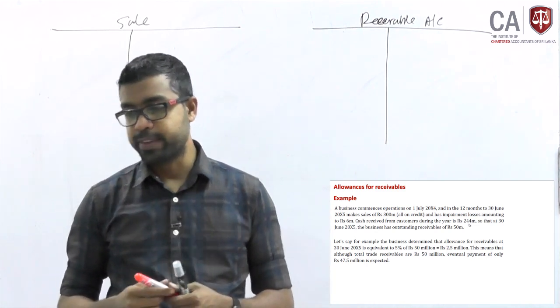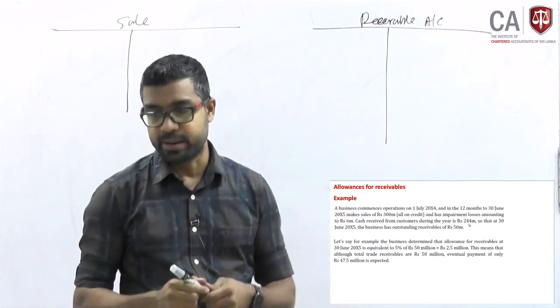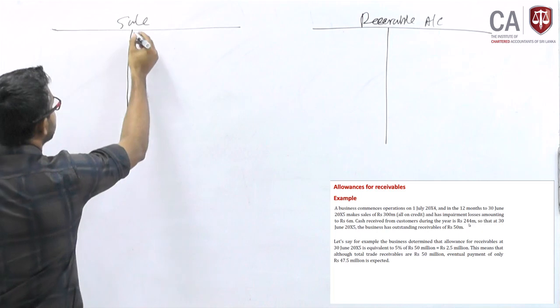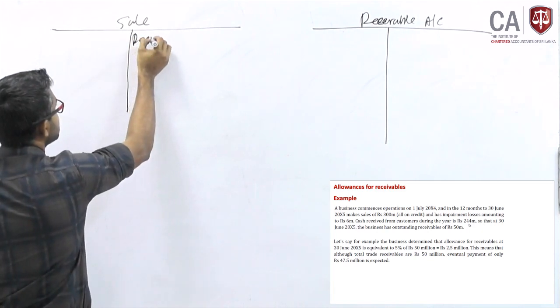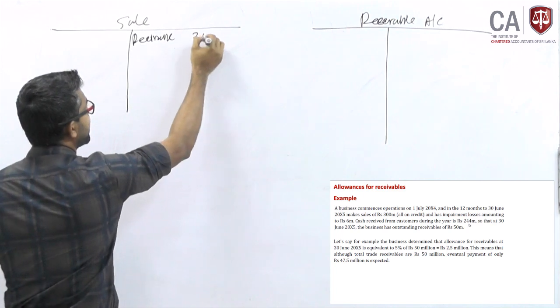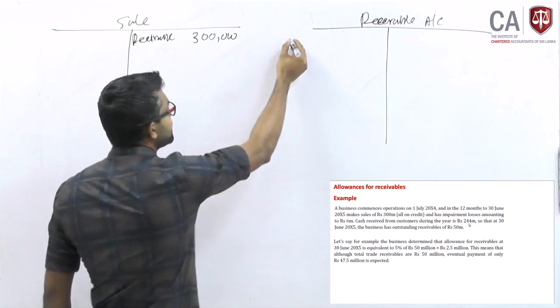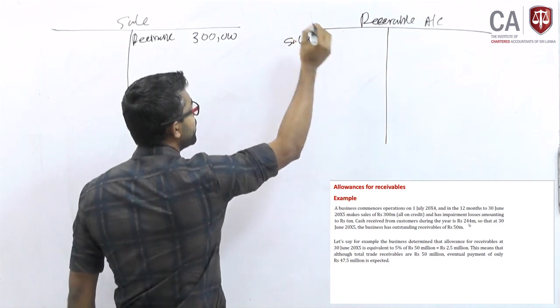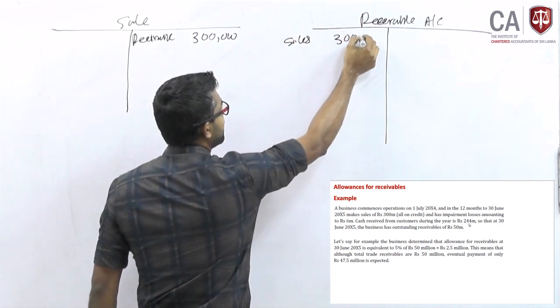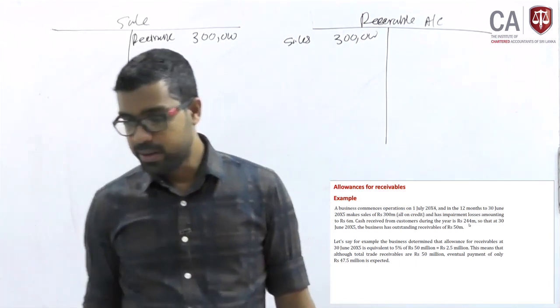During the 12 months period, they have made sales of 300 million. So debit receivable 300, credit sales 300. These are simple double entries. You can do these calculations in the exam also to figure out the answer.